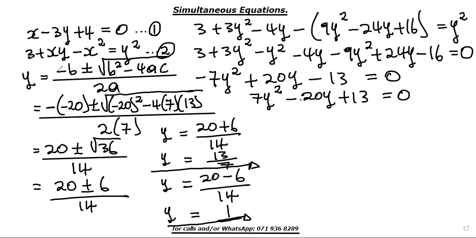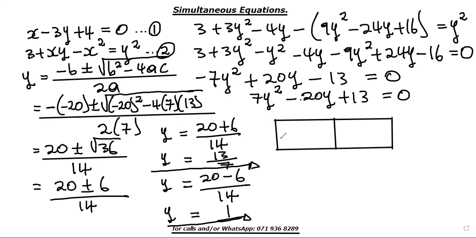But if we wanted to factorize by using a table, this is what we could have said. We say, okay, this is how it looks like. And this is how it looks like. Then you say, what are factors of the first term, 7y squared?